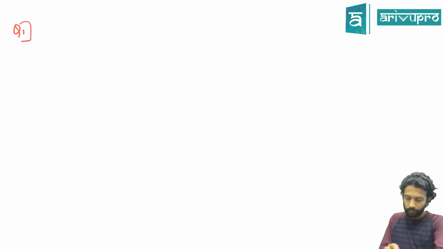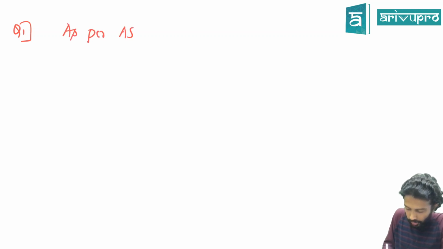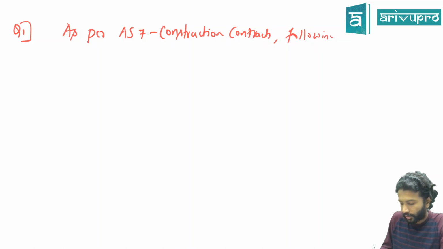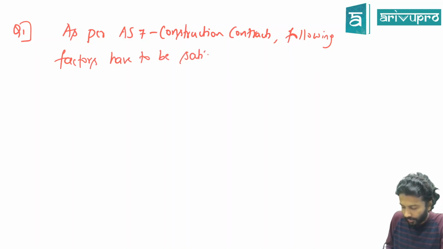So question number 1. Q1 ka answer. As per Accounting Standard 7, Construction Contracts, the following factors have to be satisfied for a contract to be accounted as a separate contract.